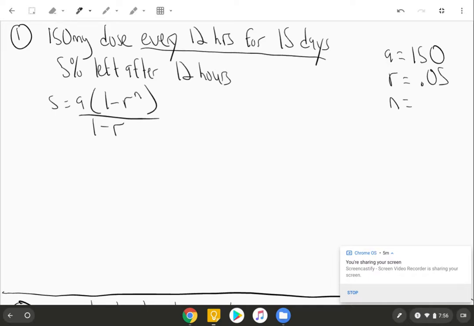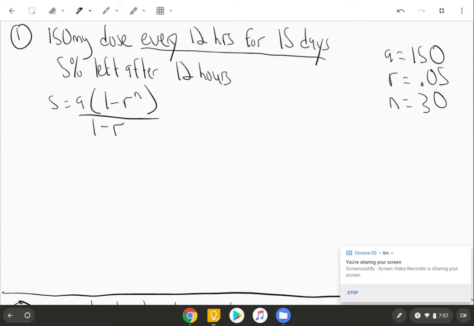So let's think about this here. We know that there's 24 hours in a day. If you're taking a medicine every 12 hours, that means you're taking that medicine twice a day. Many of us, me included, will take medicines twice a day, when we wake up and before we go to bed. And if I'm taking it twice a day for 15 days, that means I'm taking a total of 30 doses of that medicine.